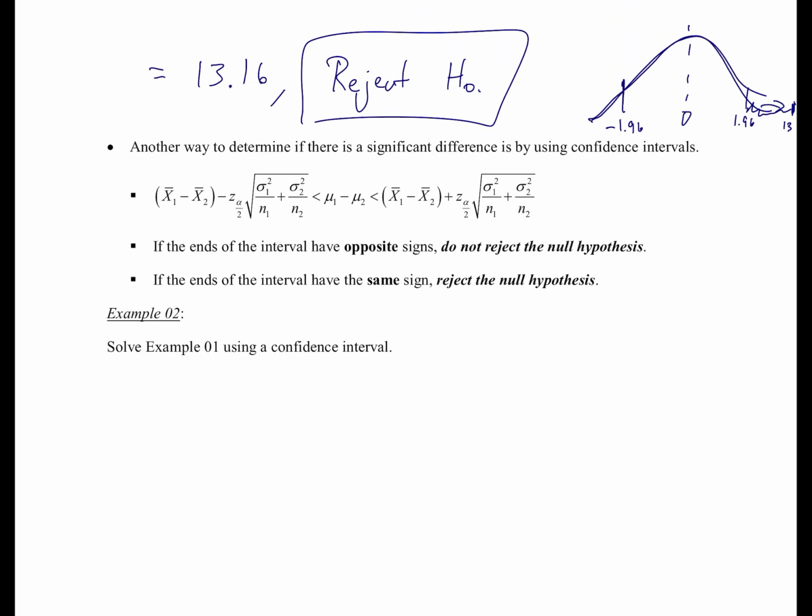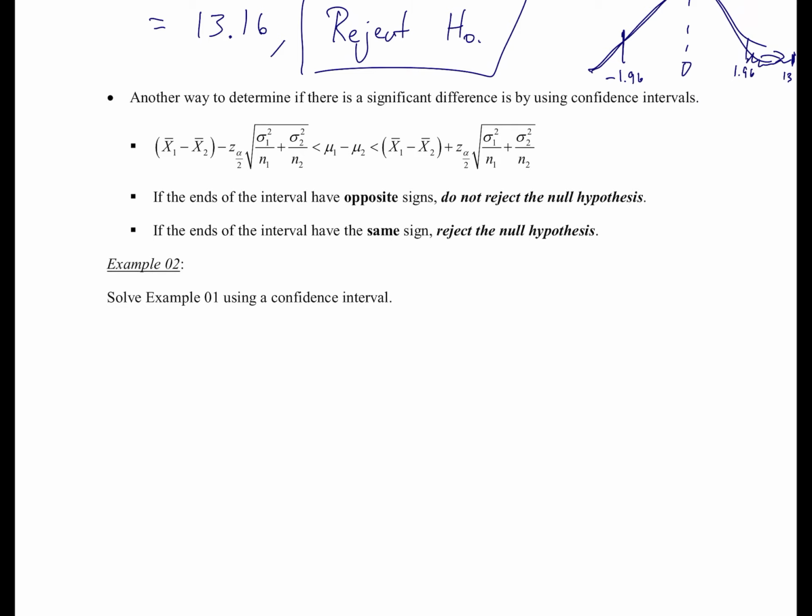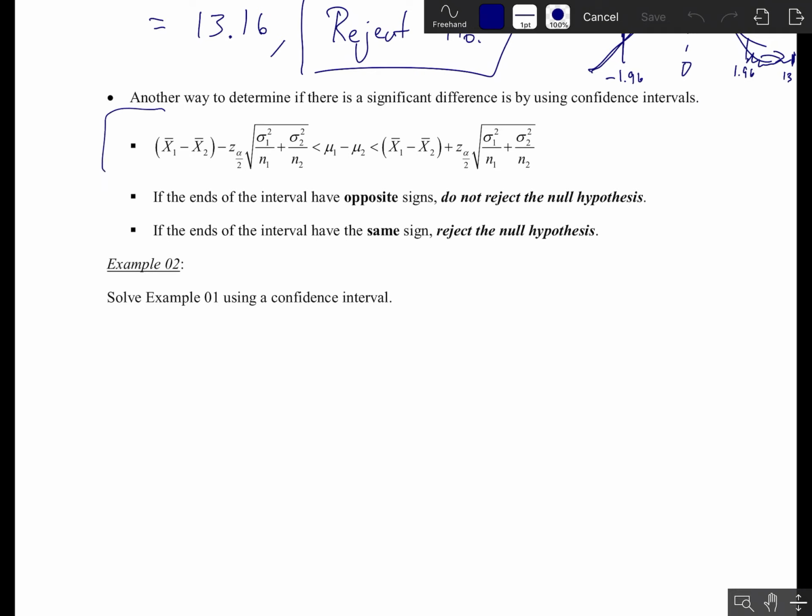So these will come up with the same answer, but we can still solve the same problem using confidence intervals. And the formula that you'll need for that is this one. So what this formula is saying is that the actual difference between the population means is going to be trapped between these two extreme values on the left and right side.